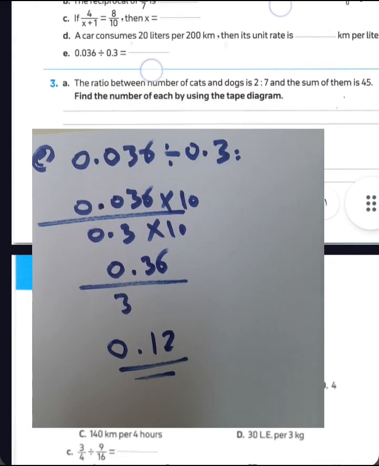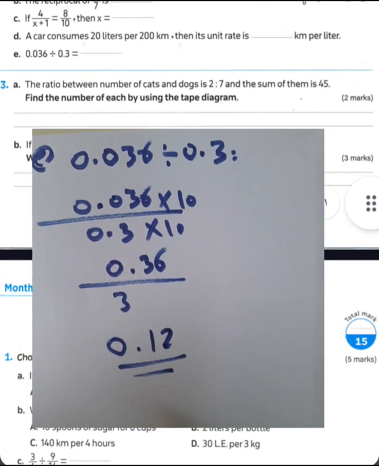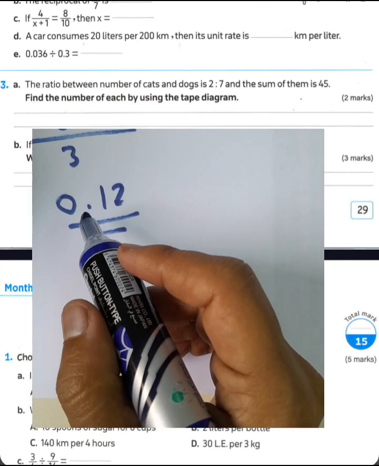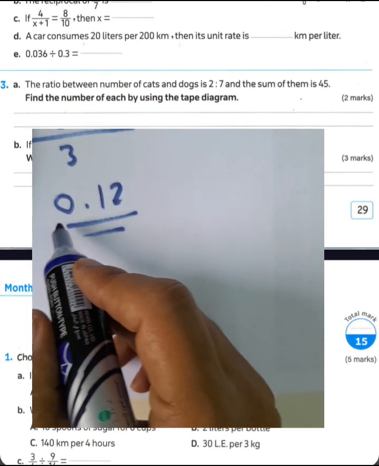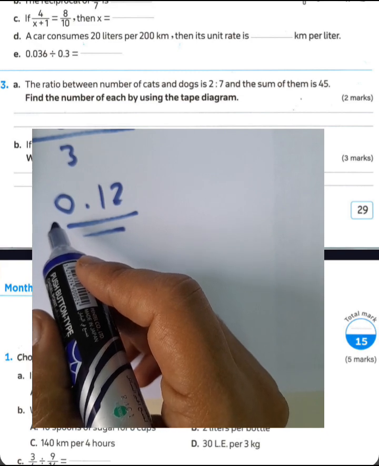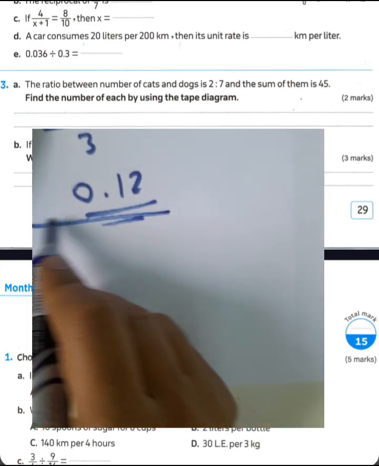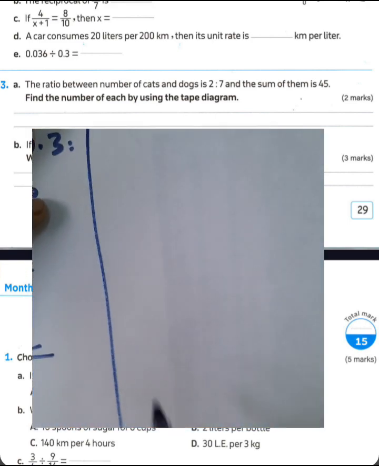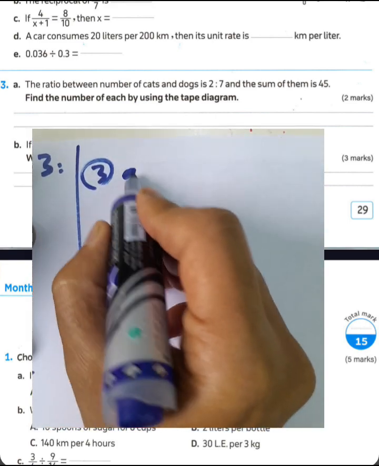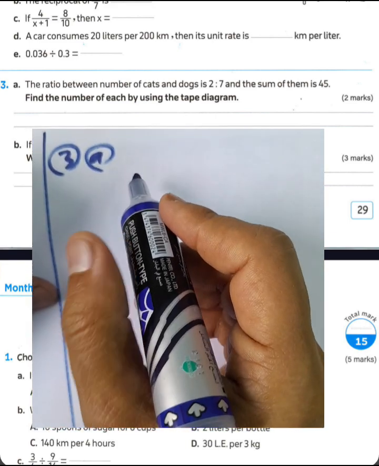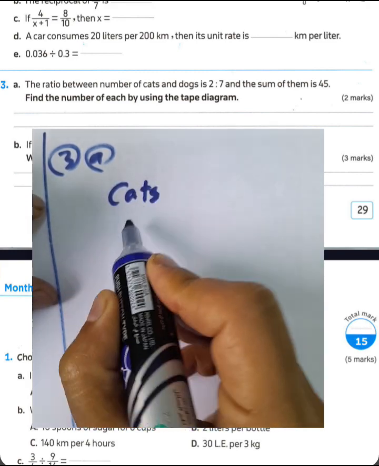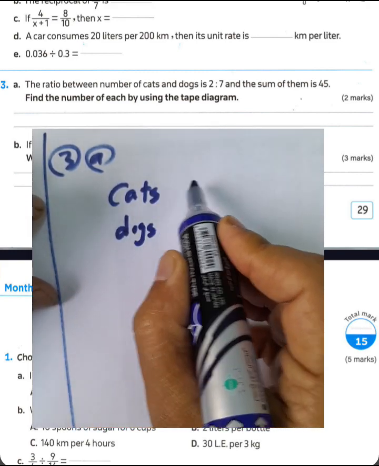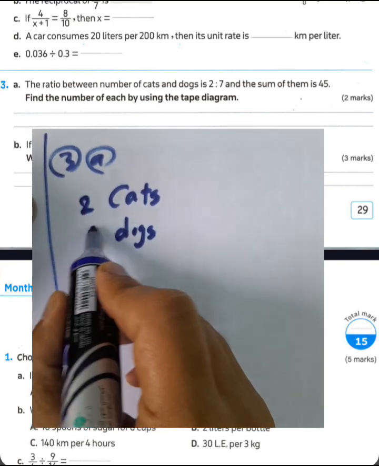Question number 3, letter A. Ratio between two numbers of cats and dogs, 2 and 7. Okay, look with me at this example. We have the ratio between the number of cats and dogs, 2 to 7.